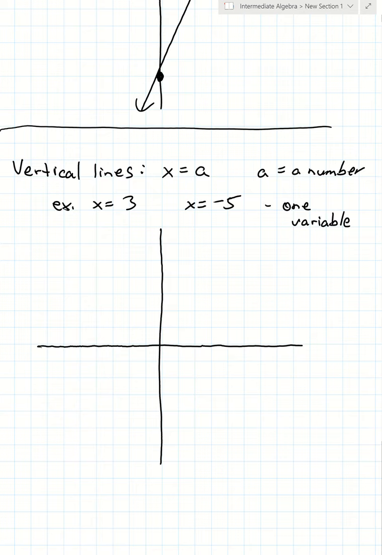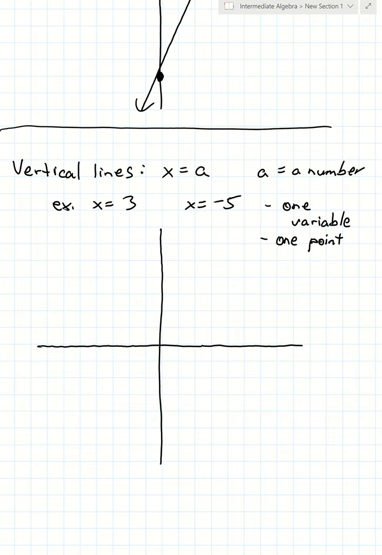And because we only have one variable, all you need is 1 point. Unlike the previous problems where we had two variables, x and y, and you needed 2 points, here we have just one variable, x, so all you're going to need is 1 point.